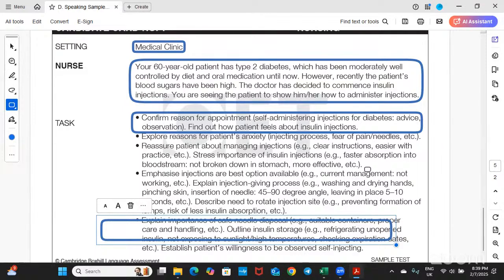So what do you feel about this change in the treatment plan? What is your opinion regarding self-injecting insulin? What do you think about this transition from oral medications to self-injecting insulin? What are your concerns? And what is your opinion? So you can talk in a number of ways.